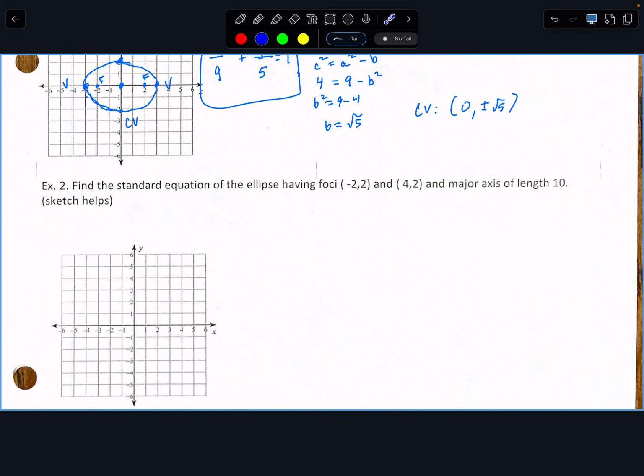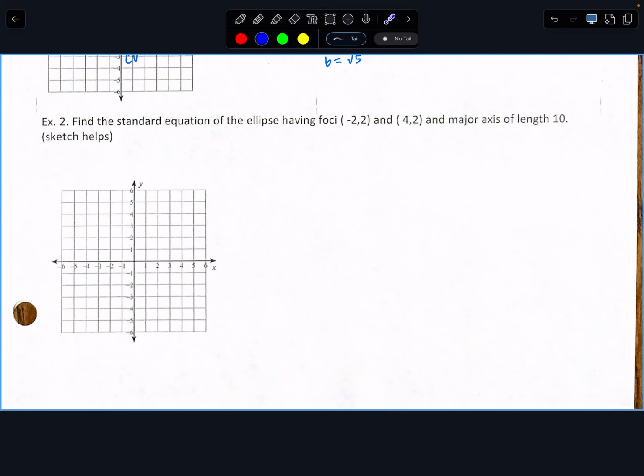All right, standard equation of the ellipse having foci at negative 2, 2 and 4, 2. And so the distance between the two foci is 2c, and the distance between those is 6. And so the value of c is 3.